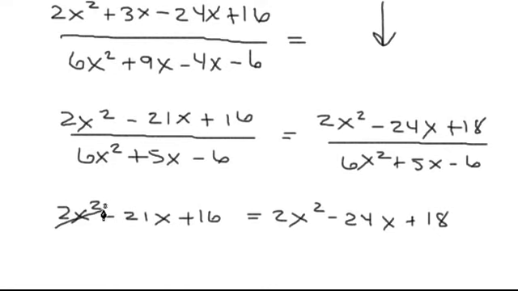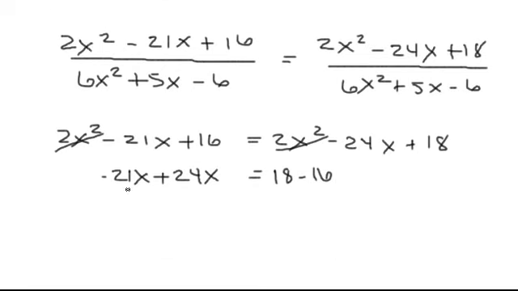Now, of course, these guys here cancel out. Negative 21x, bringing this 24 over. And we're going to take the 16 over to the right hand side, so we have 18 minus 16.